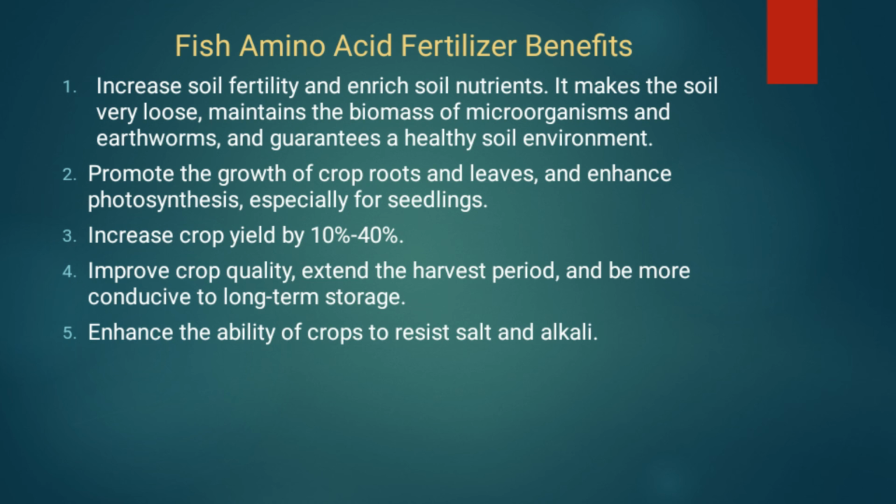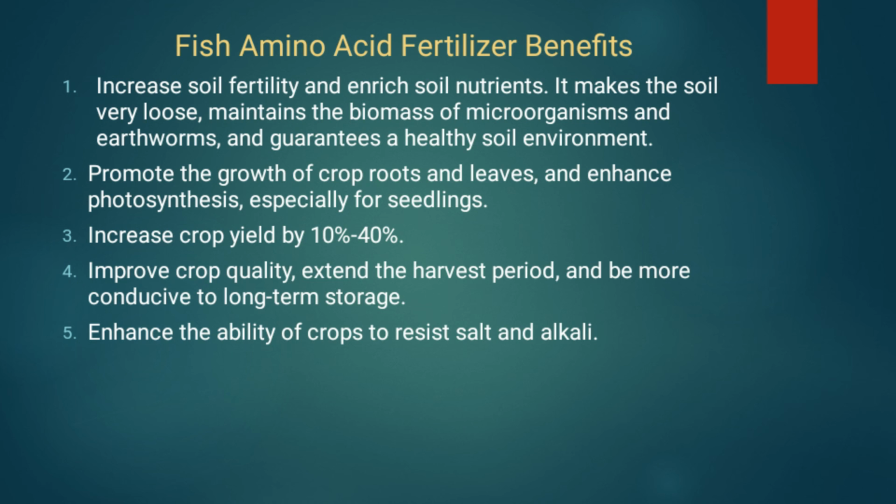Fish amino acid fertilizer benefits. First, it increases soil fertility and enriches soil nutrients. It makes the soil very loose, maintains the biomass of microorganisms and earthworms, and guarantees a healthy soil environment.